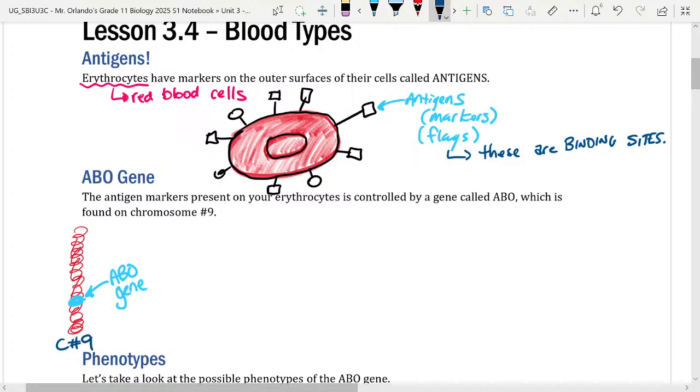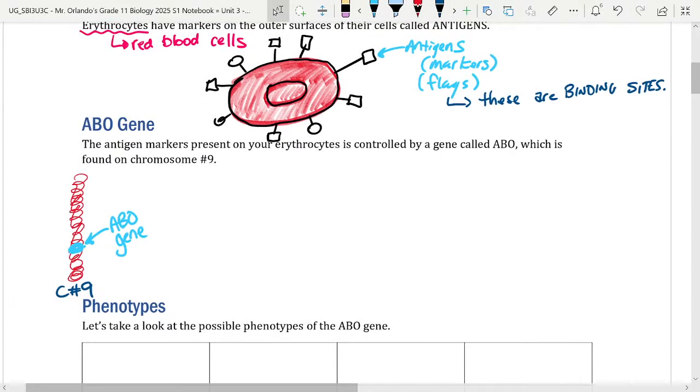And if you recall, there are 3 genotypes of the ABO gene, or there's 3 alleles, I should say. Remind me, what's an allele? It's like a version of a gene, right? So this is the gene that codes for ABO antigens, right?